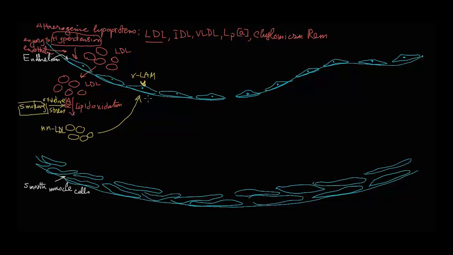And also they express monocyte chemotactic protein, MCP-1, for example, and also macrophage colony stimulating factor. So these are the factors which are expressed by the endothelium after they are being induced by the minimally modified LDL, modified by oxidation, of course. So the keyword for the pathogenesis is the oxidation of LDL and the other atherogenic particles.